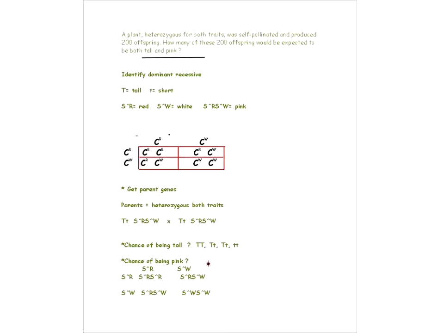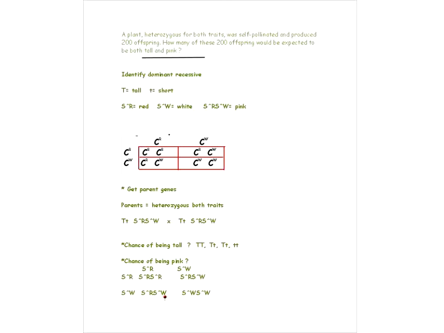Now, what's the chance of being pink? We know these are the answers we're going to get. If you use the parents' heterozygous genes and cross them, pink flowers are going to have one R and one W, and we can see 2 chances of that.